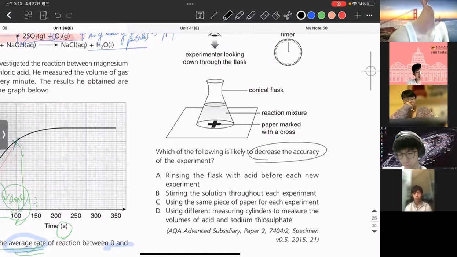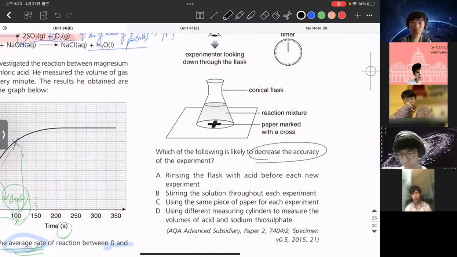So what effect will it bring if I stir the solution for the experiment? Increase the rate of the reaction.